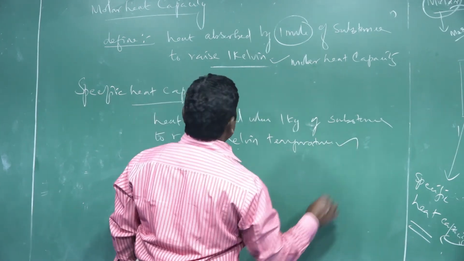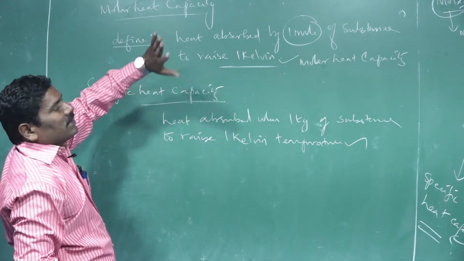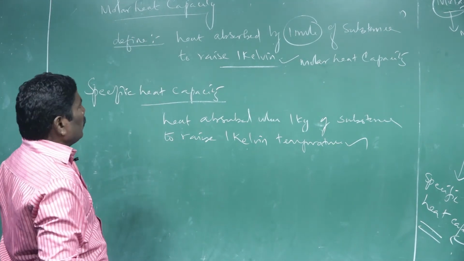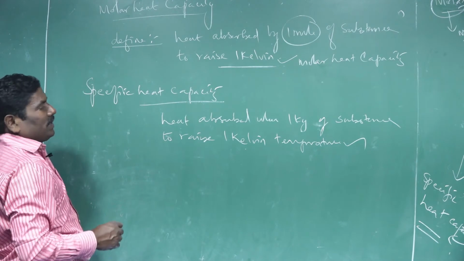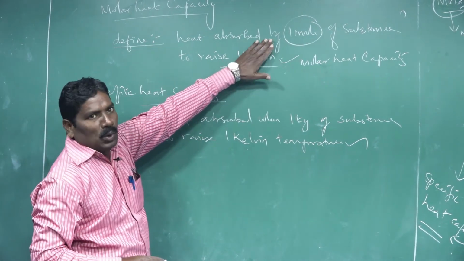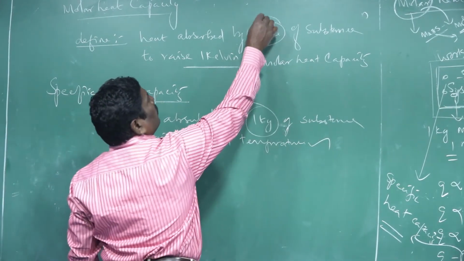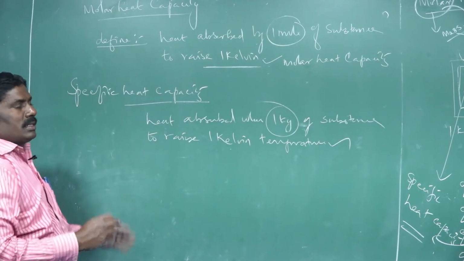This is expressed as specific heat capacity, and the other is expressed as molar heat capacity. Molar heat capacity and specific heat capacity are the same thing, but one is per mole and the other is per weight of the substance. This is mentioned in the mole concept.